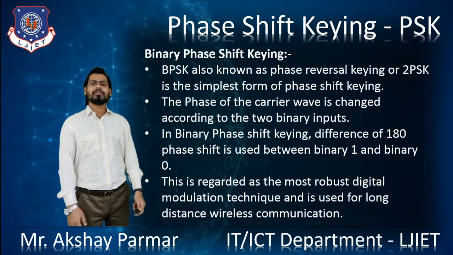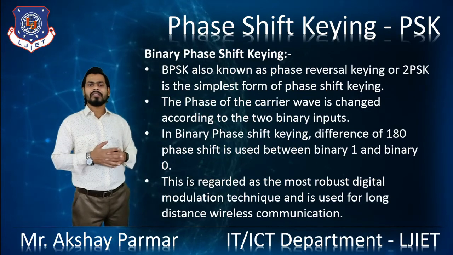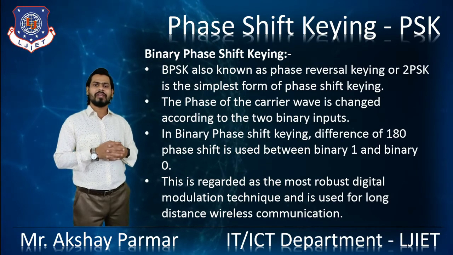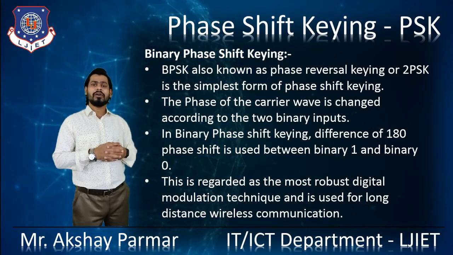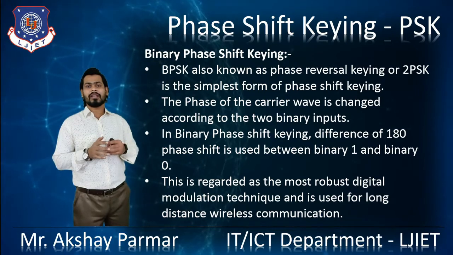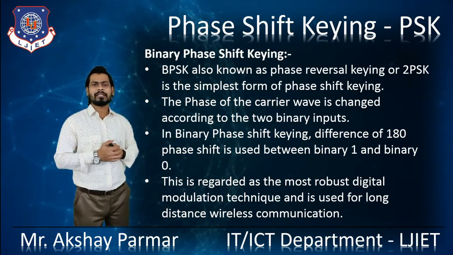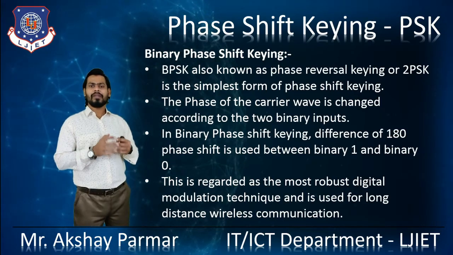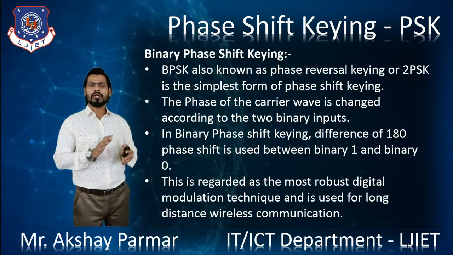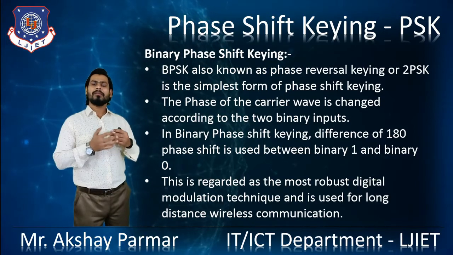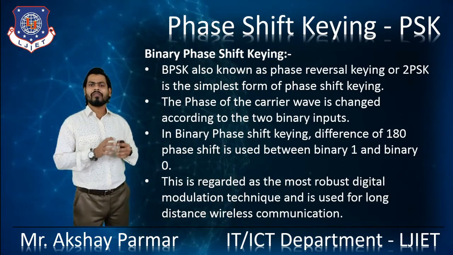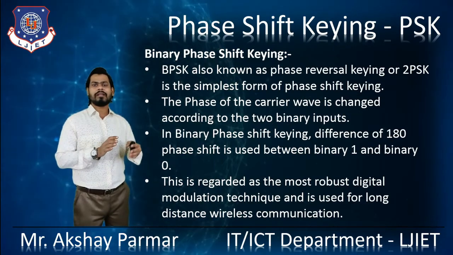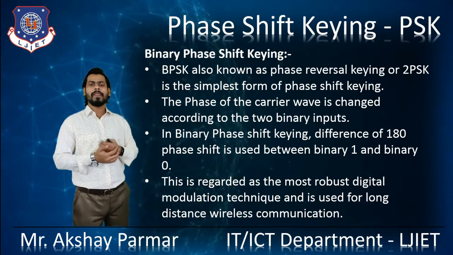After that, let's see its two subtypes: binary phase shift keying and quadrature phase shift keying. Binary phase shift keying, BPSK, is also known as phase reversal keying or 2PSK, and is the simplest form of phase shift keying, right? The phase of the carrier wave is changed according to the two binary inputs. In binary phase shifting, a difference of 180 degrees of phase shift is used between binary 1 and binary 0, as we have shown in our example, right?